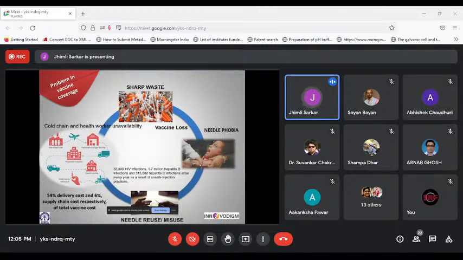Another major problem is the generation of sharp waste and vaccine loss. There is a high chance of cross-contamination while giving vaccine through needles, the conventional way. Around 33,000 HIV infections, 1.7 million hepatitis B and over 3 lakh hepatitis C infections occur every year due to these unsafe injection practices. So what is the solution?